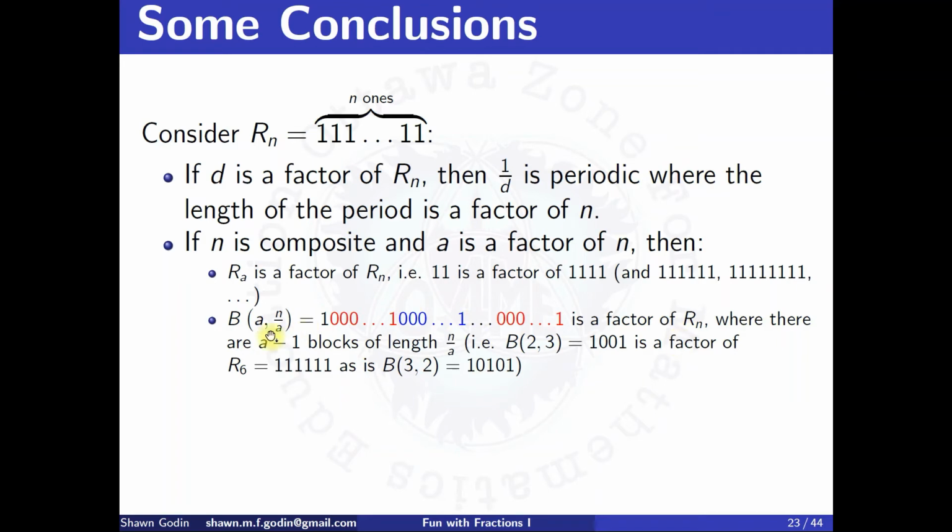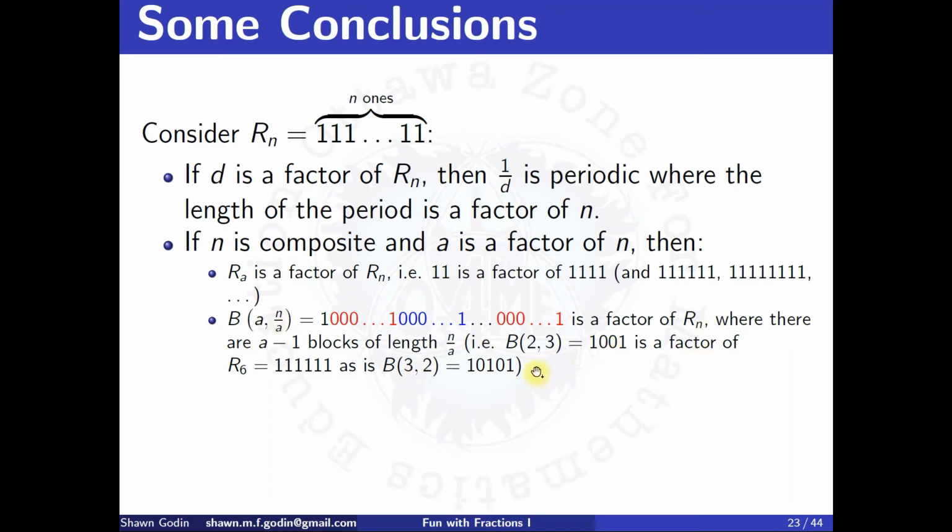And if we look at these B's, these block numbers that I'm calling them, if I have these blocks, like I said, a-1 blocks of length n over a, or I can think of it as a blocks of this if I consider the first block to be 0,0,0,0,0,1 as well. That's a factor of Rn when that thing is going to be composite as well.